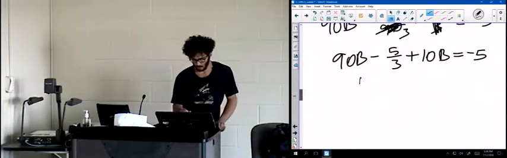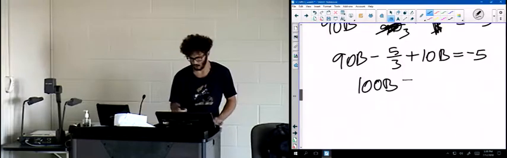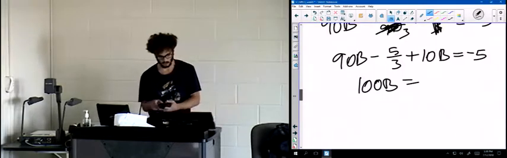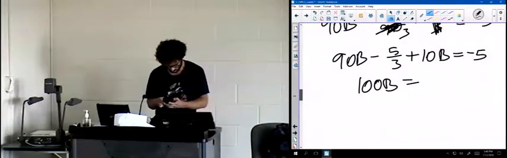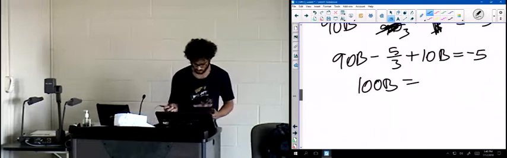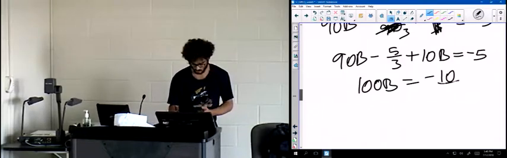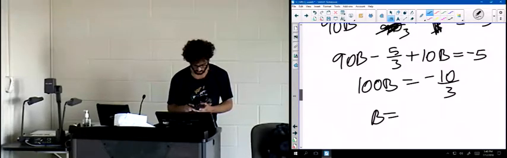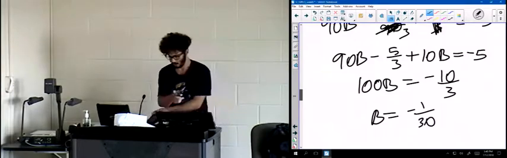And now you have 100b. Yes, this is looking good. This is exactly where I wanted it. Negative 5 plus a 5/3. And from here you have a negative 10/3. And divide by 100. You get negative 1/30.